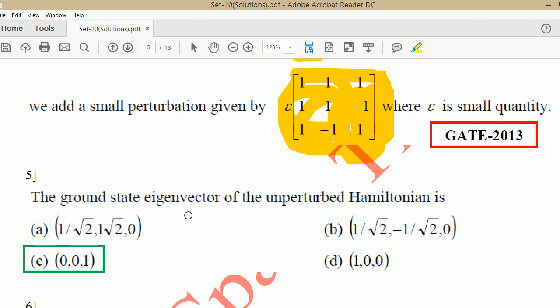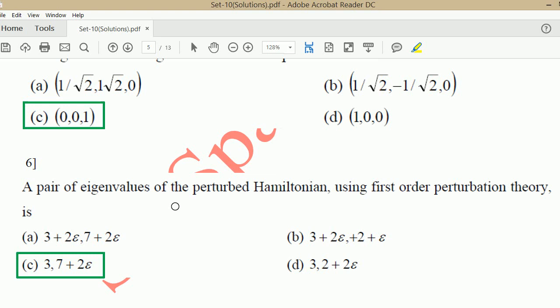The ground state eigenvector of the unperturbed Hamiltonian is, remember one thing, you should notice that they are not asking about eigenvalues, they are asking about eigenfunction or eigenvector in question number 5. And in question number 6, they are asking for a pair of eigenvalues of the perturbed Hamiltonian using first order perturbation theory. So here we have to calculate the eigenvalues taking the perturbed Hamiltonian.